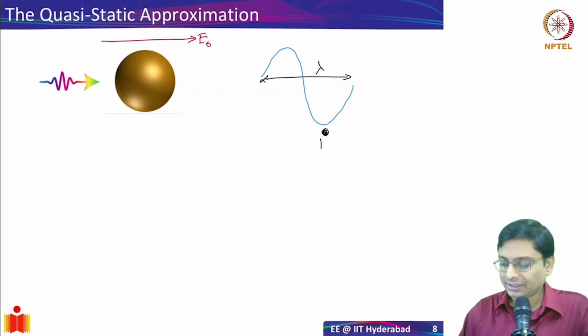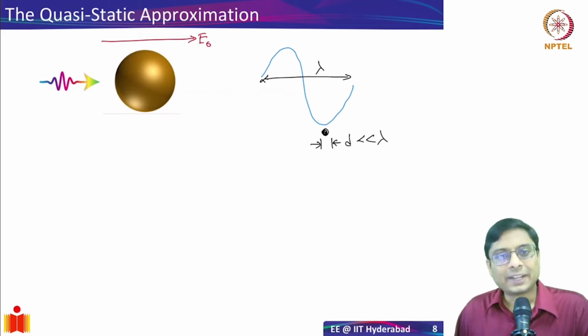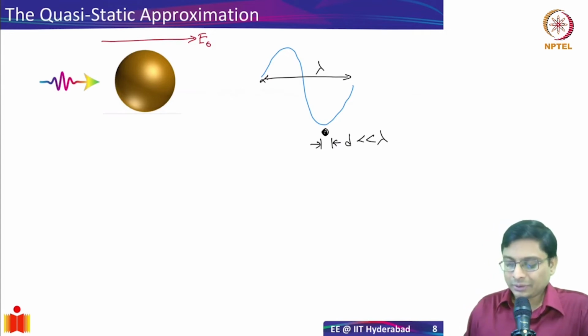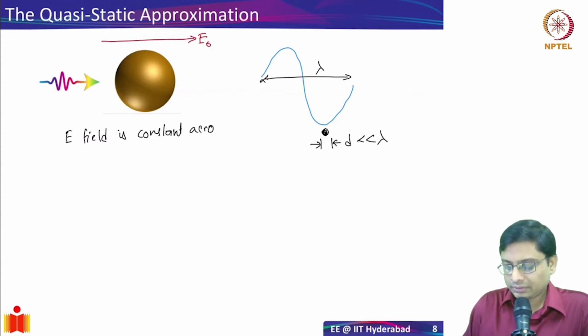Let's say the size of the particle is d, and it is much, much smaller than lambda. Then effectively the particle will experience a constant electric field. Okay, so this is known as a quasi-static approximation. So essentially the electric field, E field, is constant across the nanoparticle.